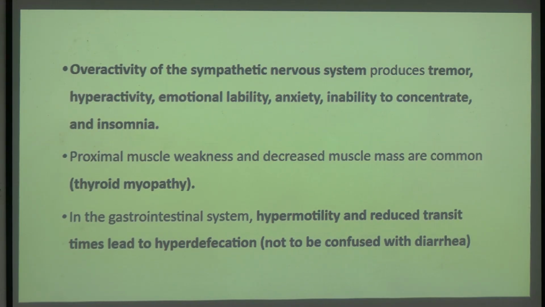Proximal muscle weakness and decreased muscle mass are common. That is called thyroid myopathy. In the GI system, hypermotility and reduced transit times lead to hyperdefecation, not to be confused with diarrhea. It is only hyperdefecation, not diarrhea.